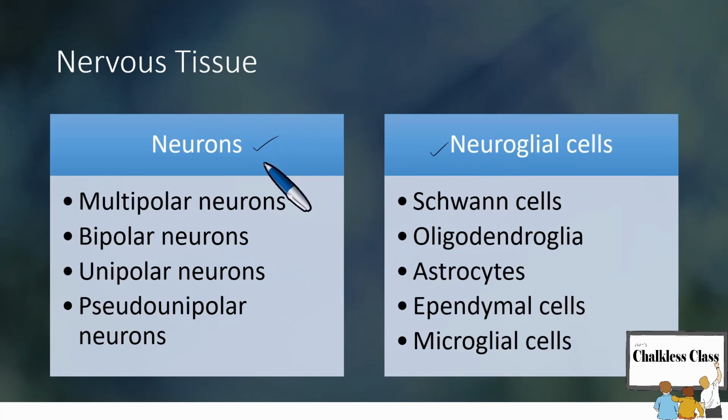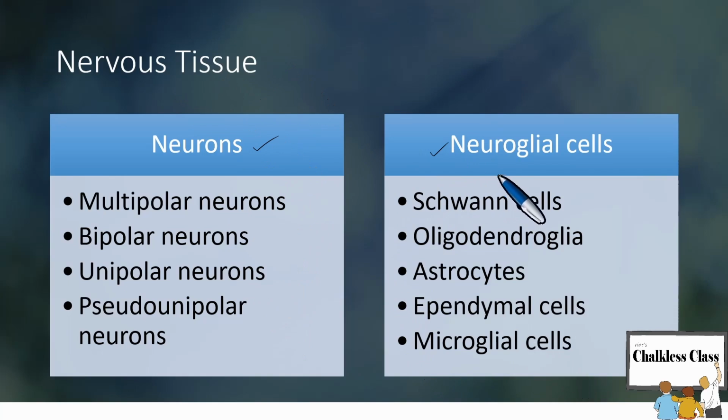As we discussed earlier, the neurons do not divide. These conduct the impulses from one region to another region. That is the role of the neurons. Neuroglial cells are the packing cells, and they can undergo cell division. These are also ectodermal in origin except the microglial cells.